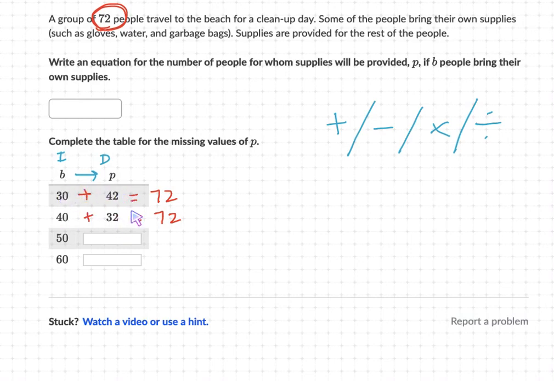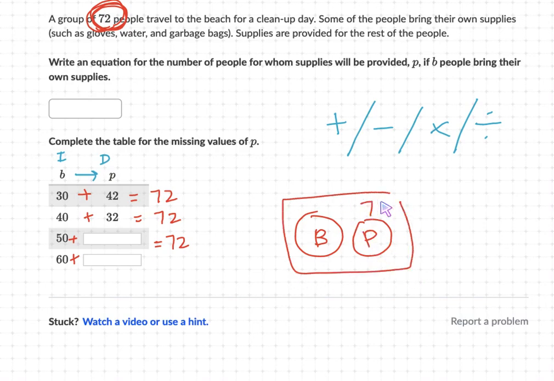So these two are going to add up to equal 72, because there's a total of 72 people. So you either are part of a group who brought your supplies, or you didn't bring your supplies and you need it to be provided. But together, they make up 72 people.